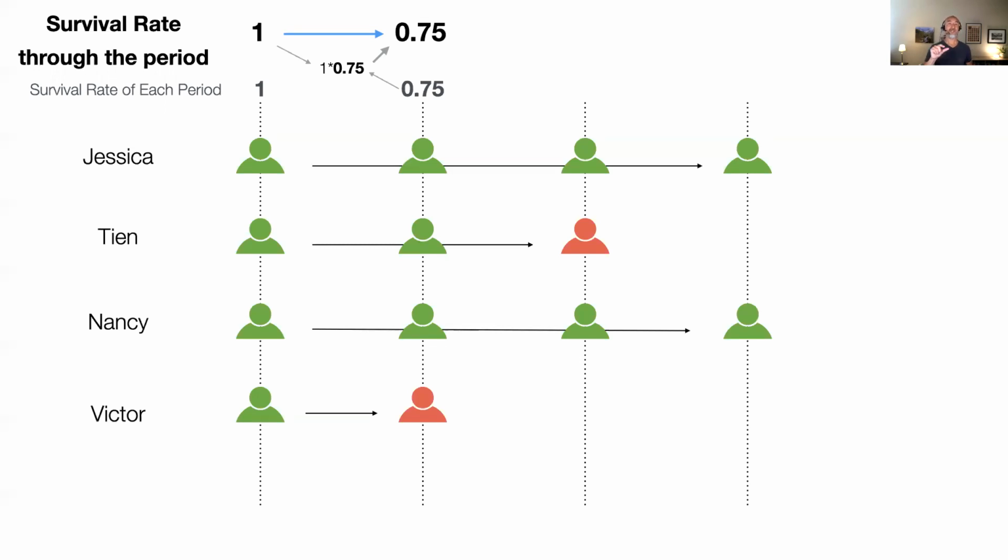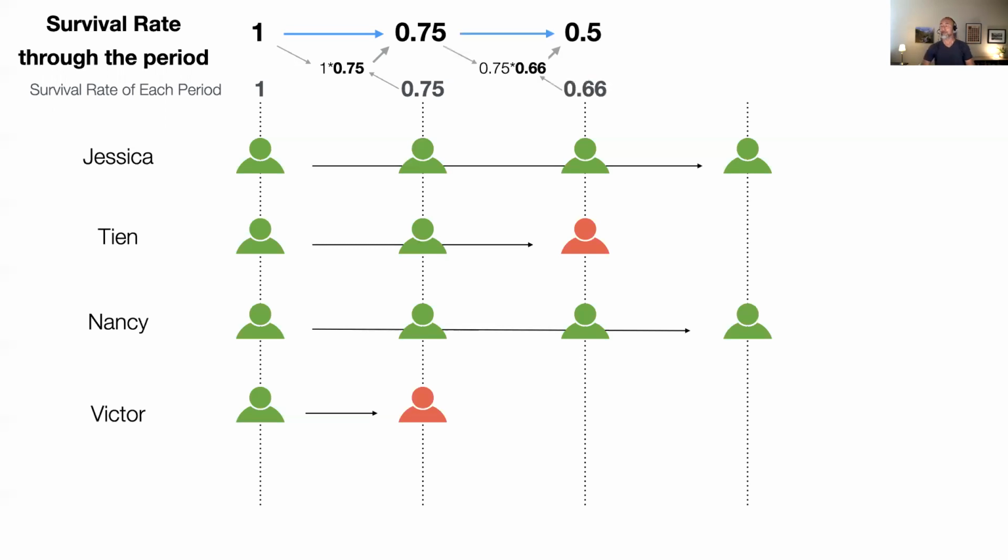So that 0.75 or 75% is the survival rate through the second month. That means 75% of the customers will survive through that period.